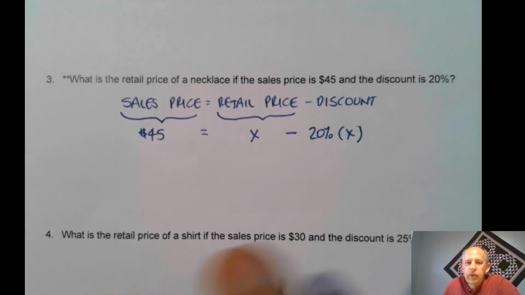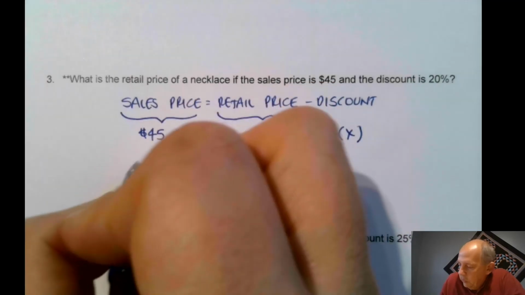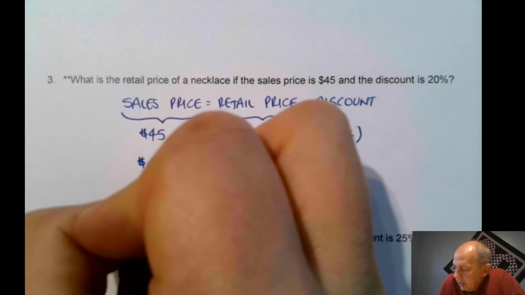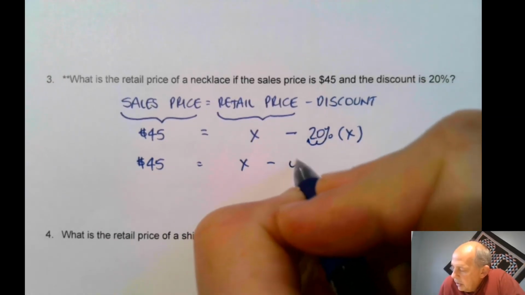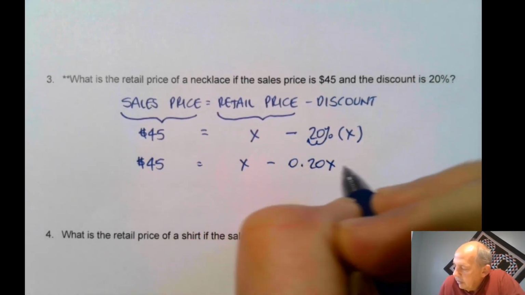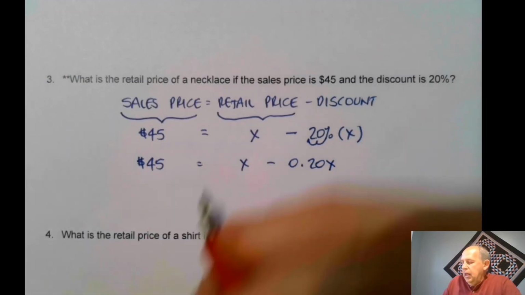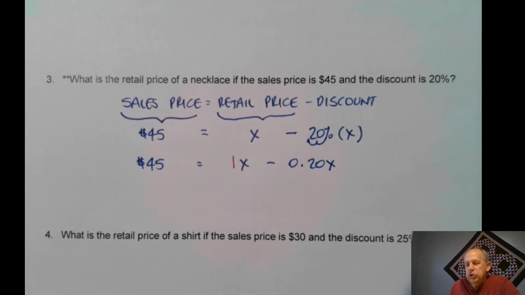So there's what I would have for all of my numbers in the formula. So I have $45 is X minus 0.20x.